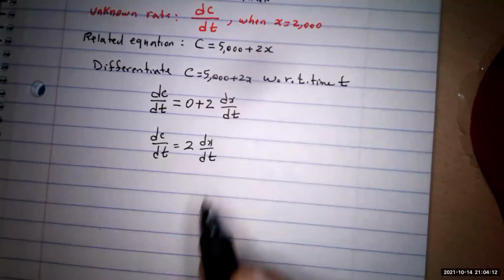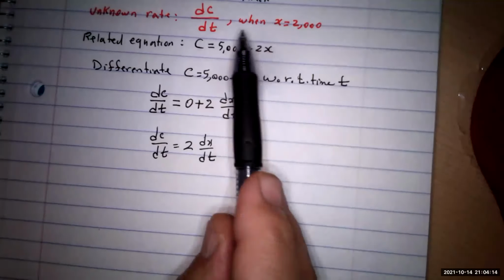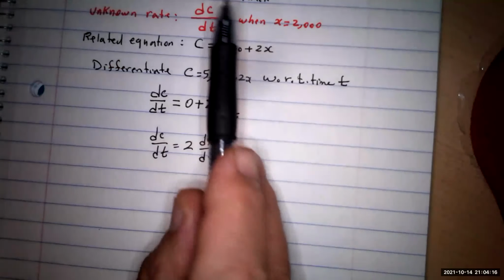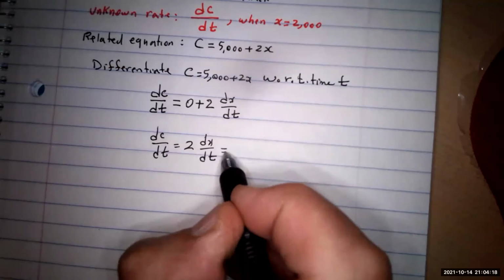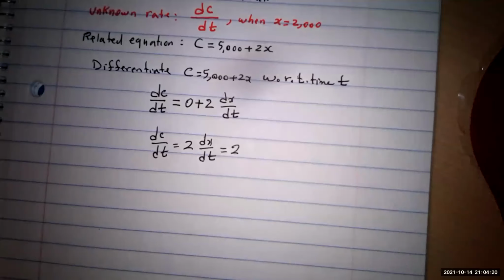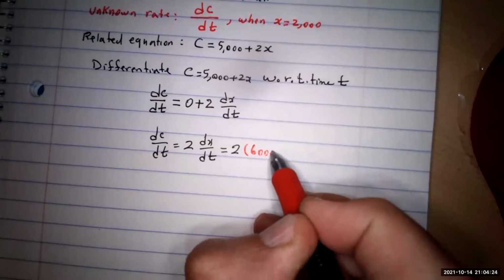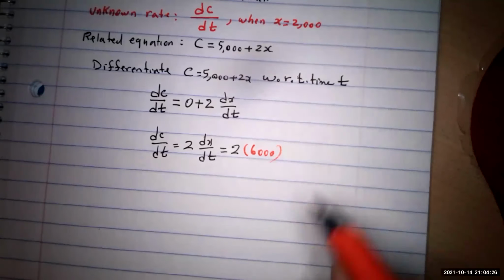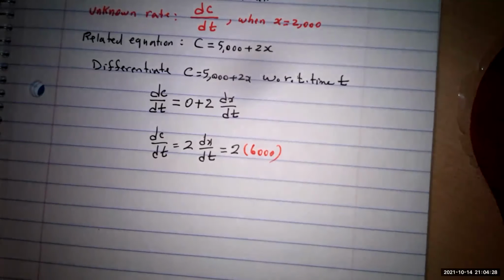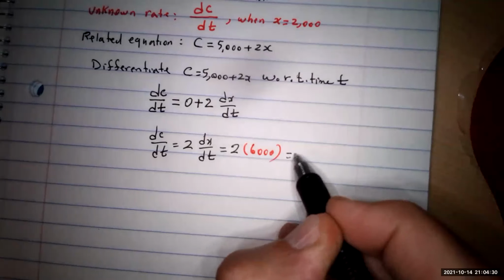Now you substitute. What do you have? You have that dx/dt is 6,000, so this is going to be 2 times 6,000, which is given to you. And the result is going to be 12,000.